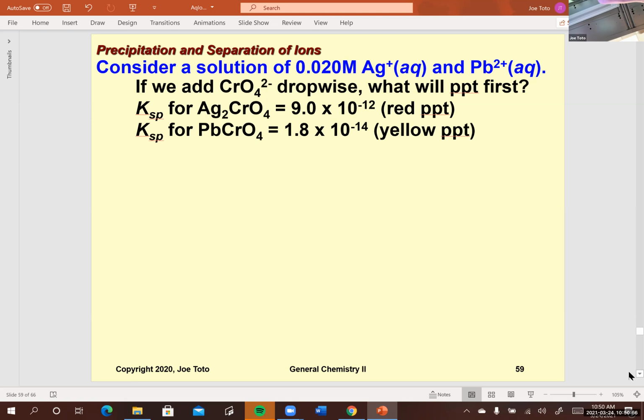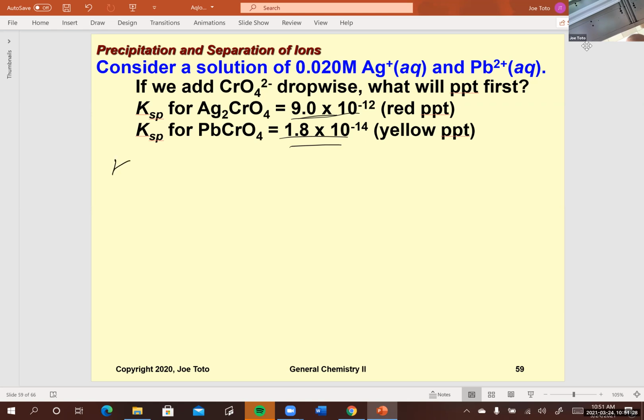The problem starts off by saying, all right, let's consider a solution where we have the same concentration of two different metal ions, silver and lead, and they're 0.02 molar. I can look up the KSPs of each one of those, right? And I know what those equal.